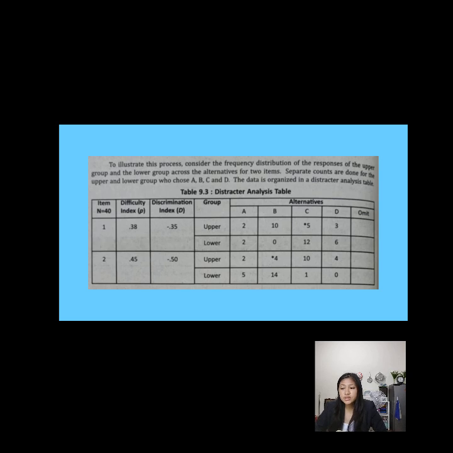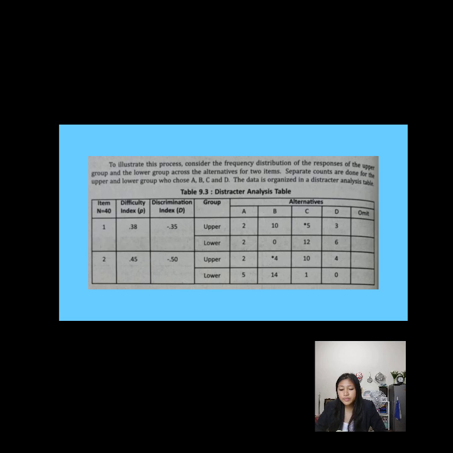First, the total number of participants is 40. Difficulty index is 0.38, and the discrimination index is negative 0.35.